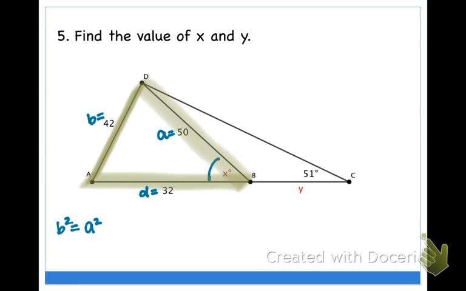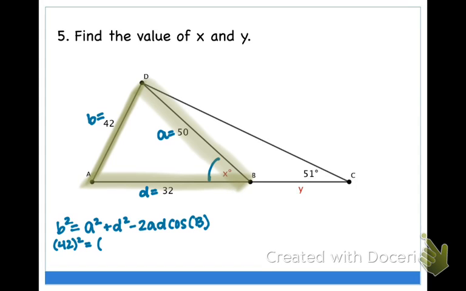So this is A squared plus D squared minus 2AD cosine of angle B. And just like before, we want to fill in all we know. Now I know B, so that's going to be 42 squared. I'm going to end up with some very large numbers, but that's all right.